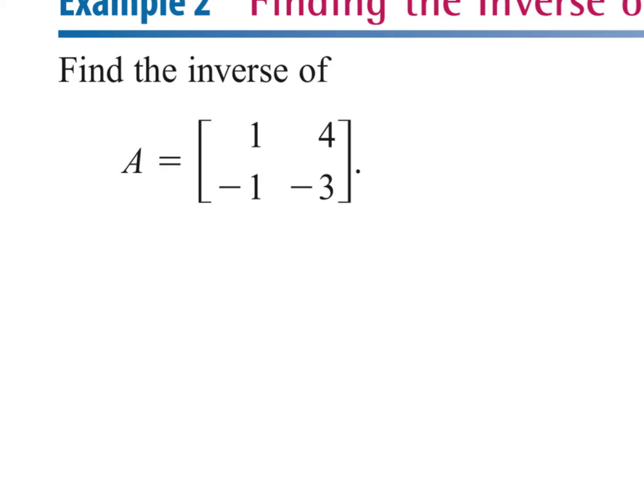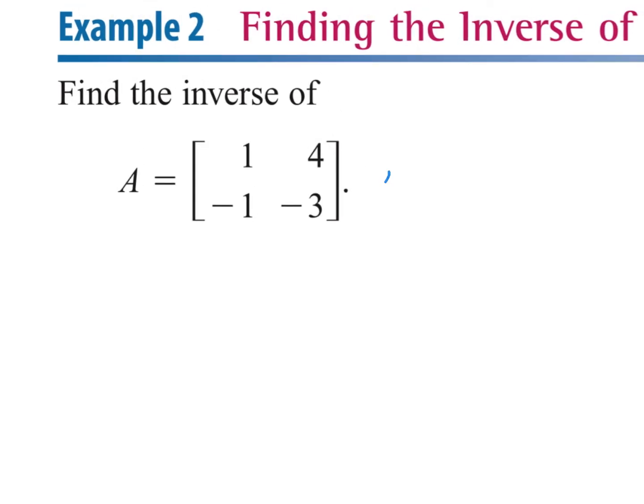So the first thing I need to do is find my value of A times D minus B times C. This is going to be very basic math, but there's going to be sign issues for some of you, so just pay attention to what you're doing. A times D is going to be 1 times -3, right?